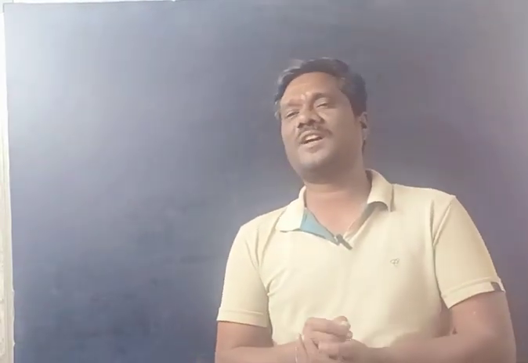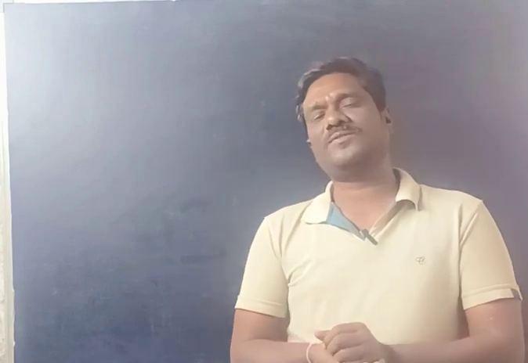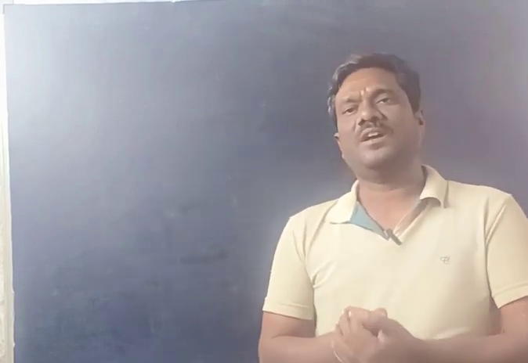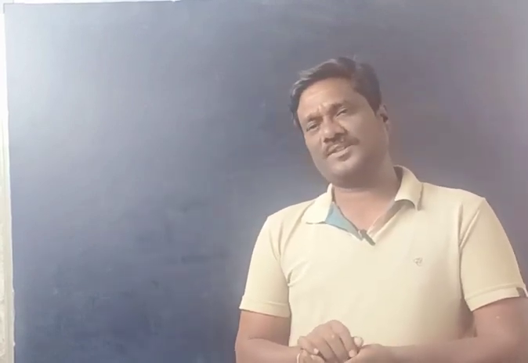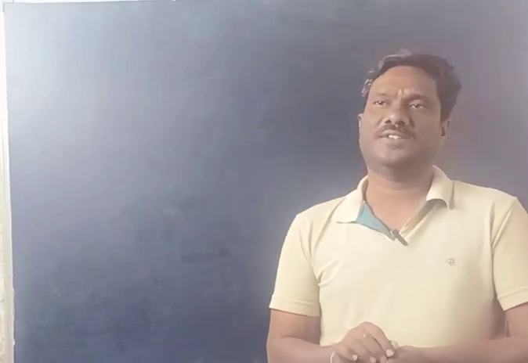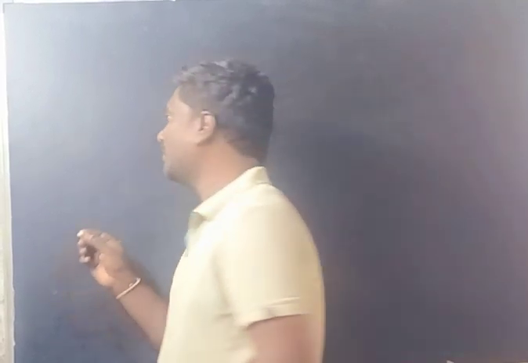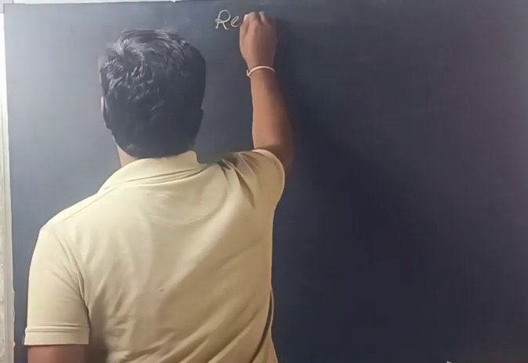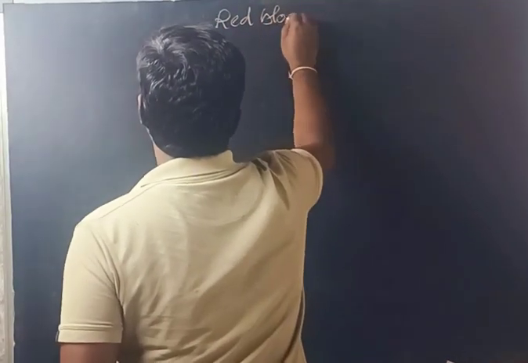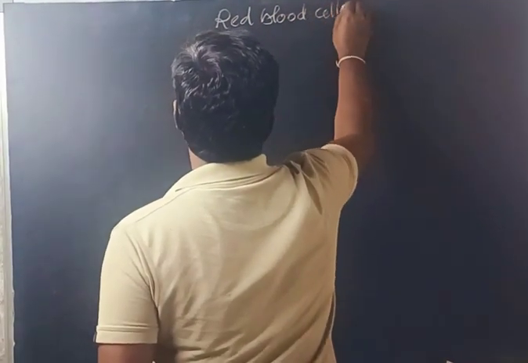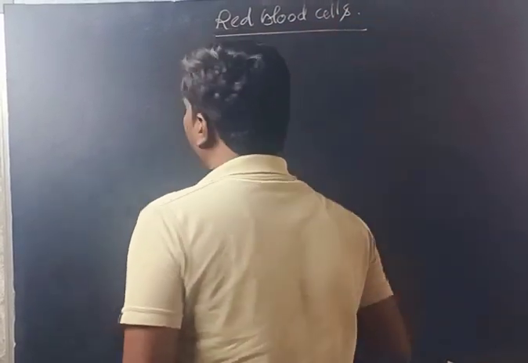Today, in this session, we will talk about a common type of blood cells which helps in oxygen transport. Those which are red in color are the red blood cells.